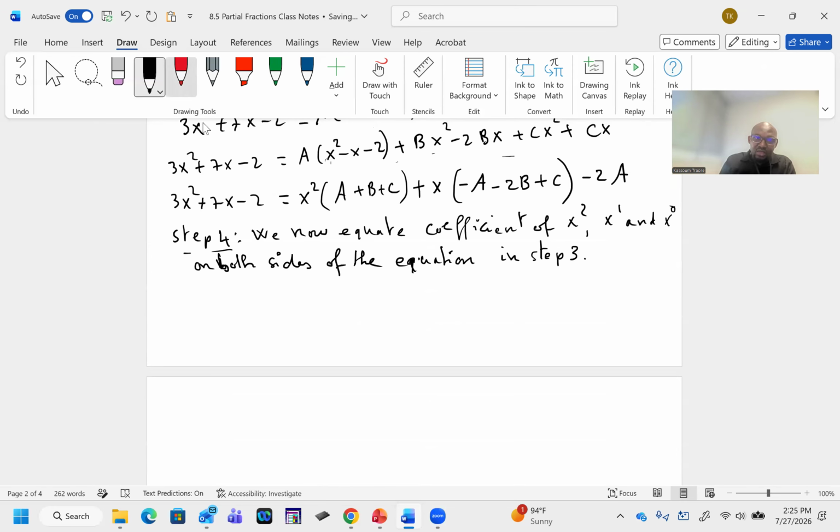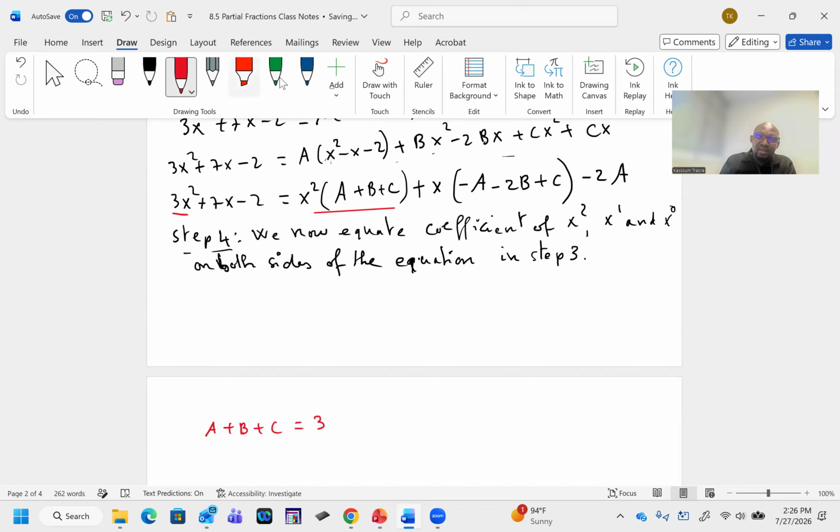We have 3x squared equal to x squared times a plus b plus c, right? So which means a plus b plus c will be equal to 3.